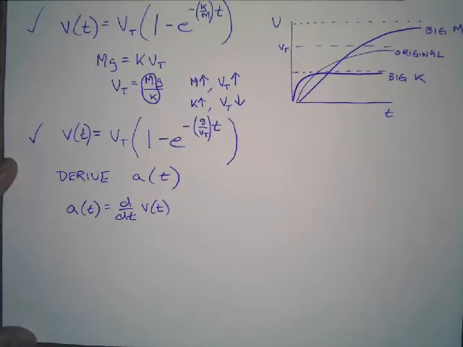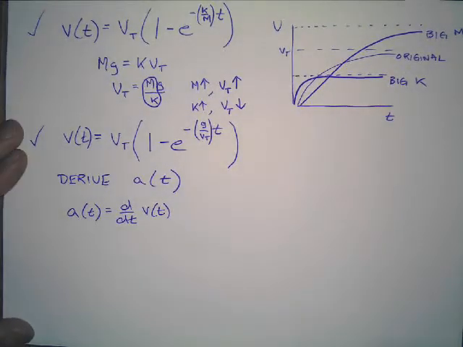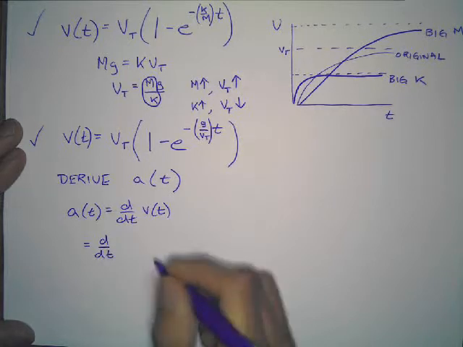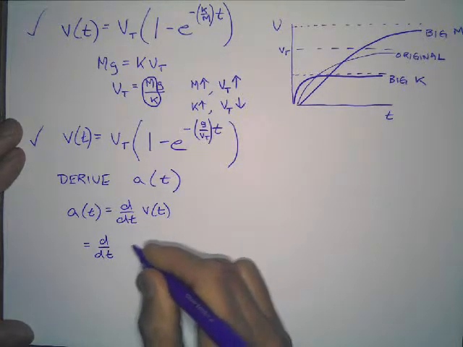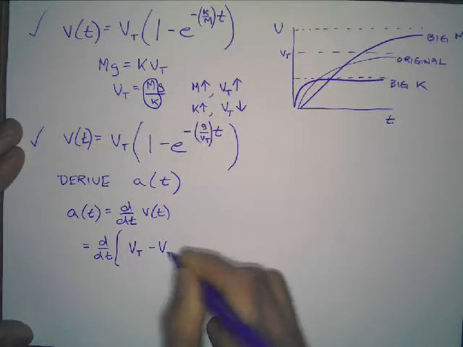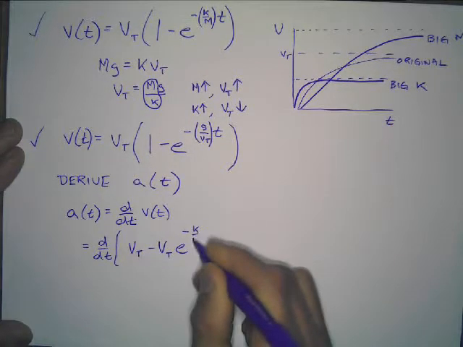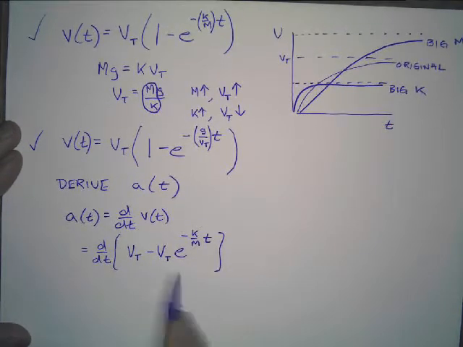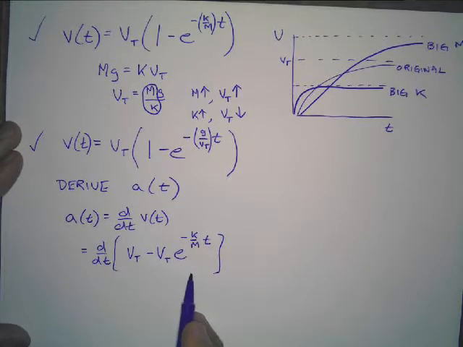So we're going to take the derivative of our previous solution here. Okay, so that's going to be equal to d/dt, and then I'm going to write it that way. Okay, so this is actually our solution from before.